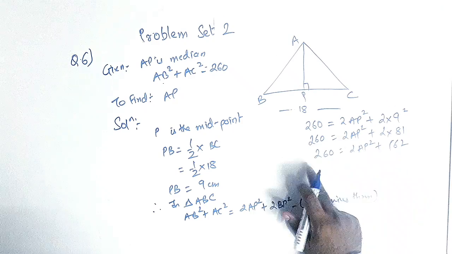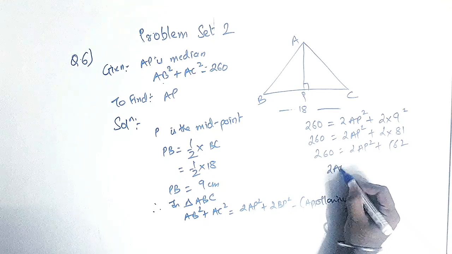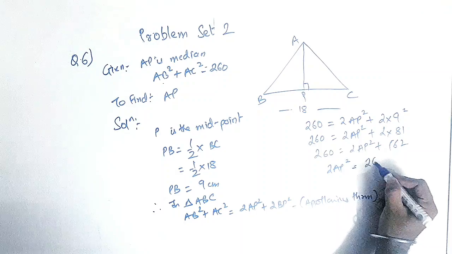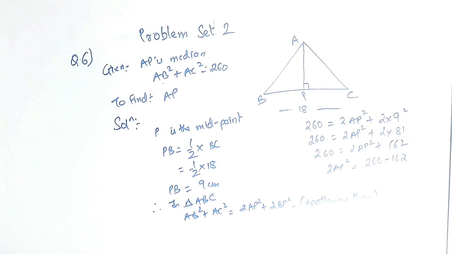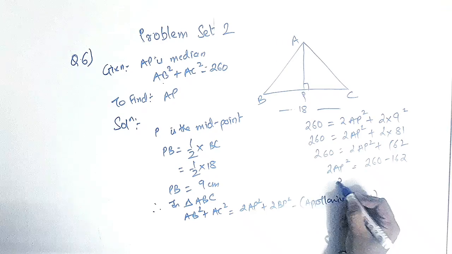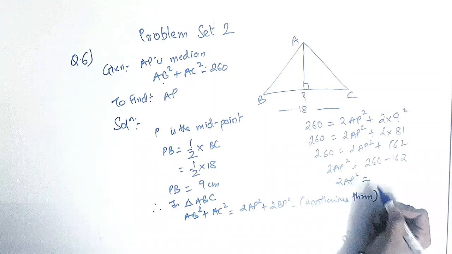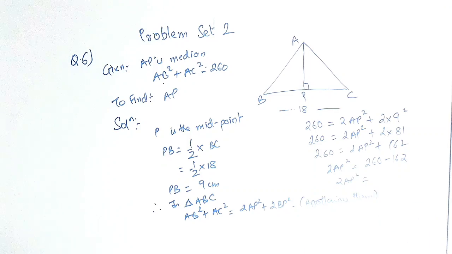Now if I move it here, it will become 2AP square is equal to 260 minus 162. What is 260 minus 162? It is 98. Correct.